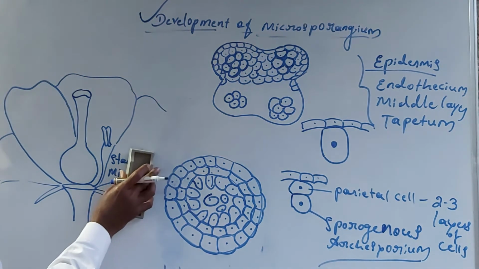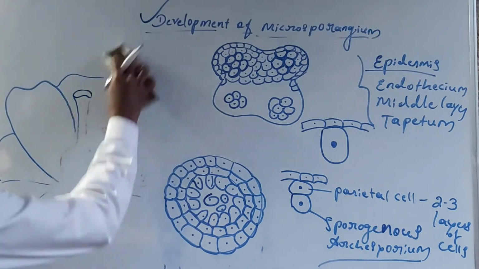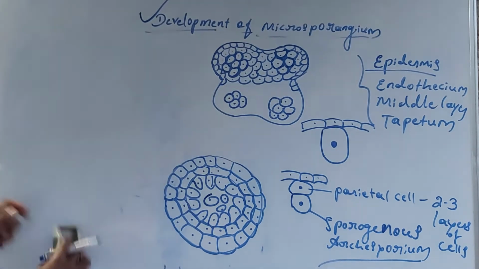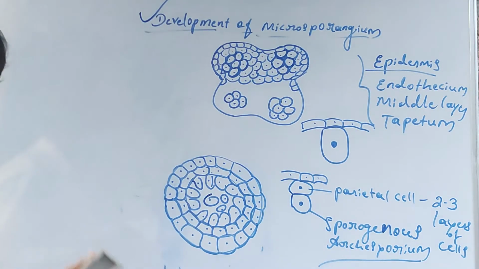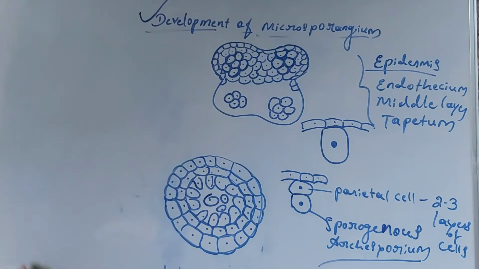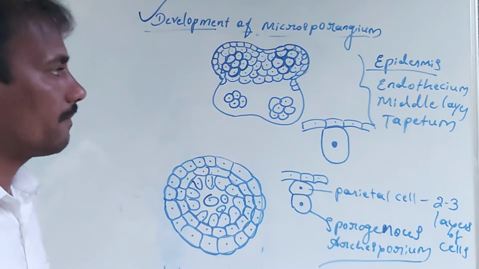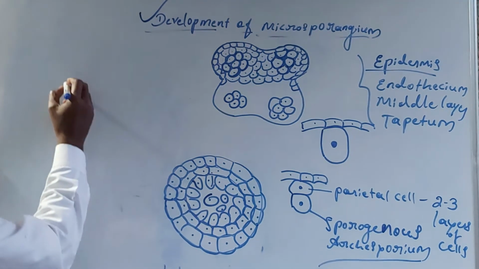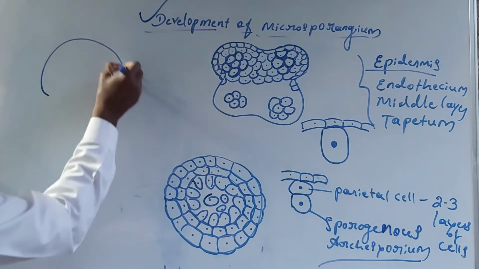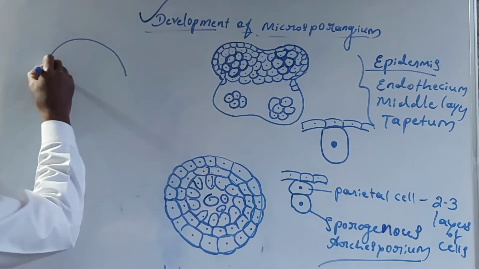Gradually, on maturation, the 4 distinct layers of the wall of the anther appear. Here I can show you the outer wall of the anther, that is the epidermis.